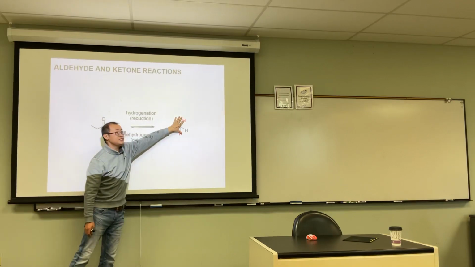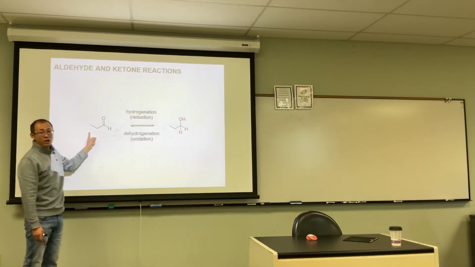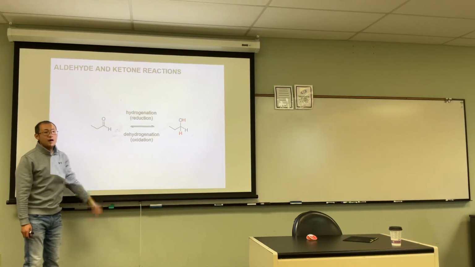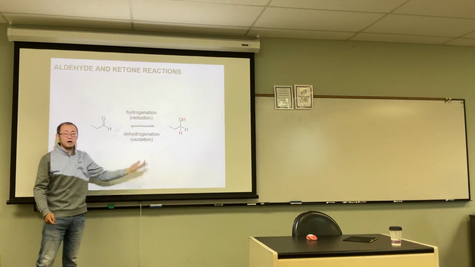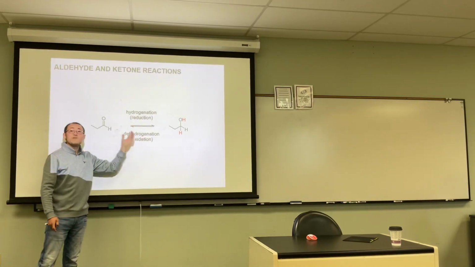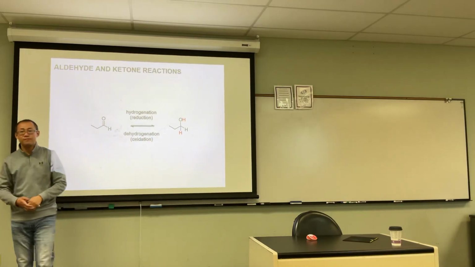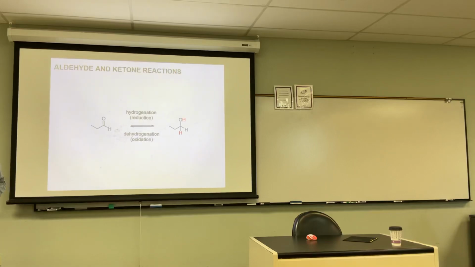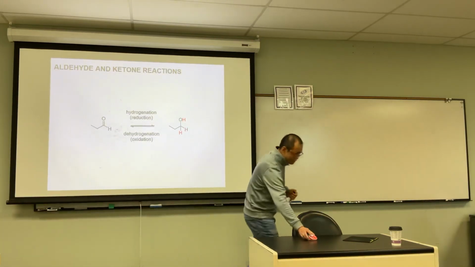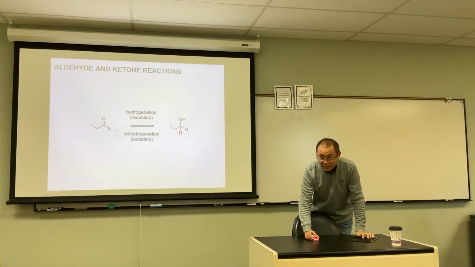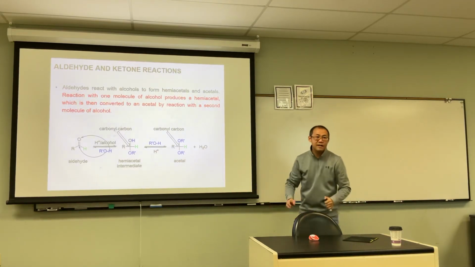If you take hydrogens away, make the double bond, we call this process oxidation. Okay, you're adding hydrogen, of course, we also call it hydrogenation. If you remove hydrogen, we call it dehydrogenation. Those are reverse processes. Right? Those are the ones we studied last week.